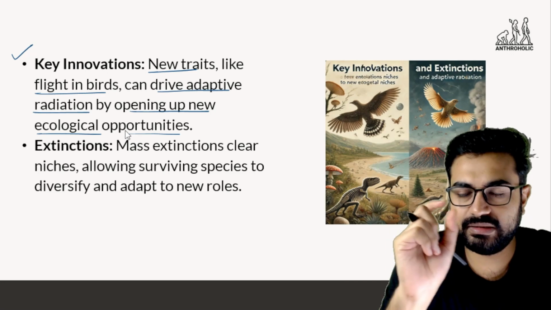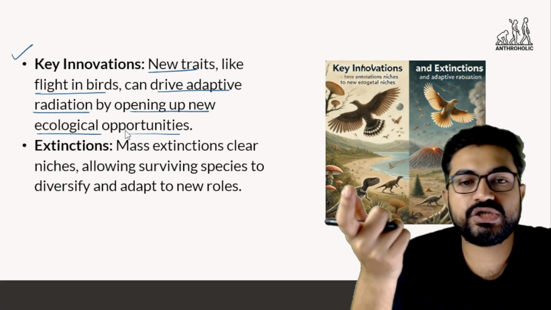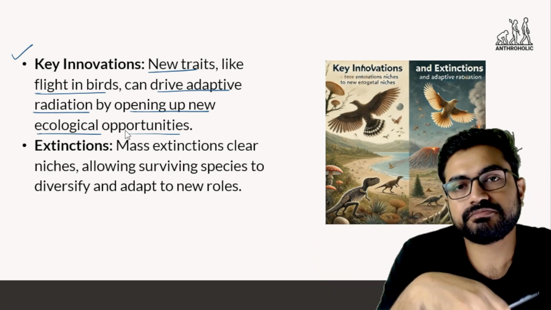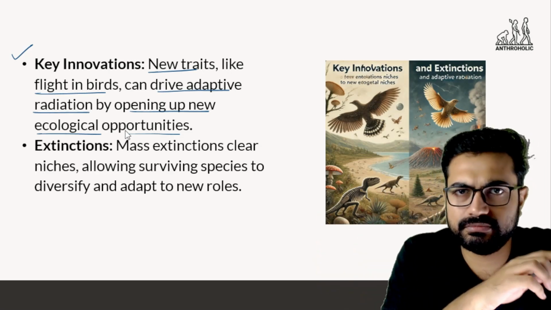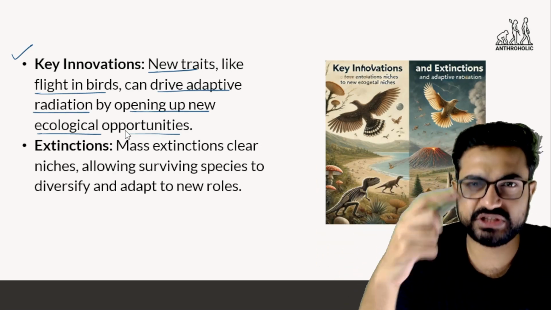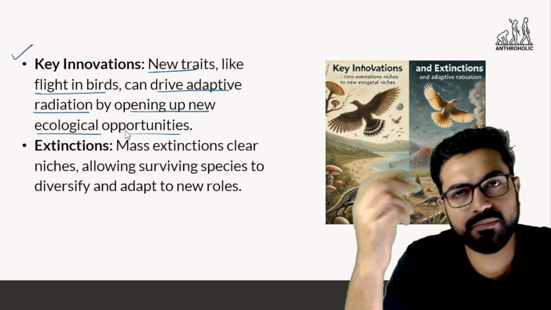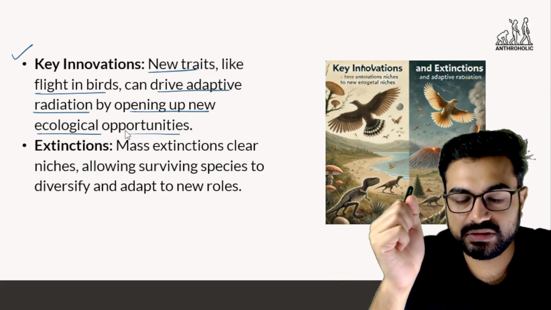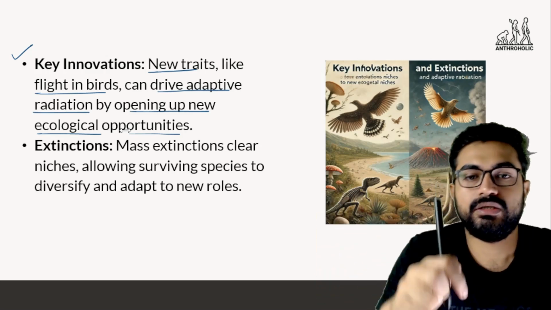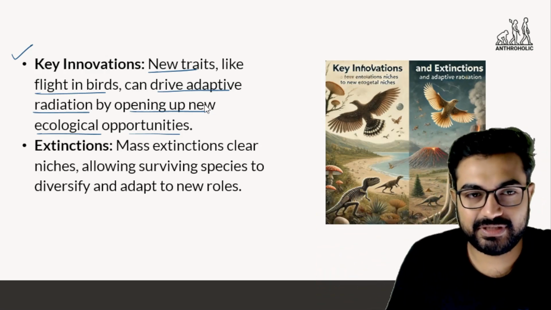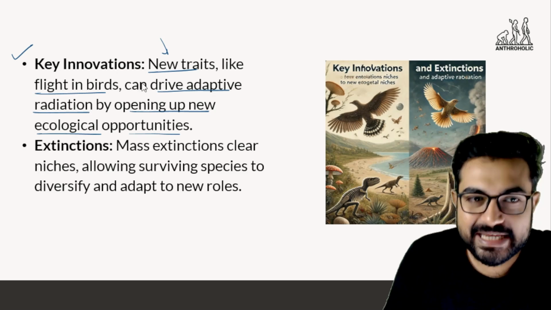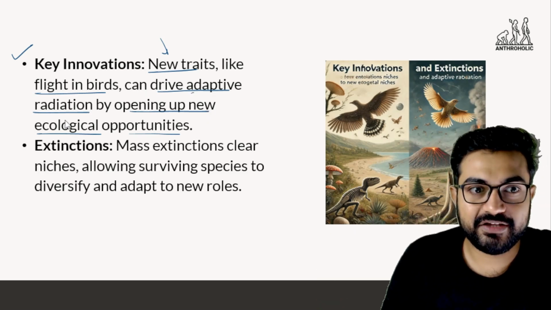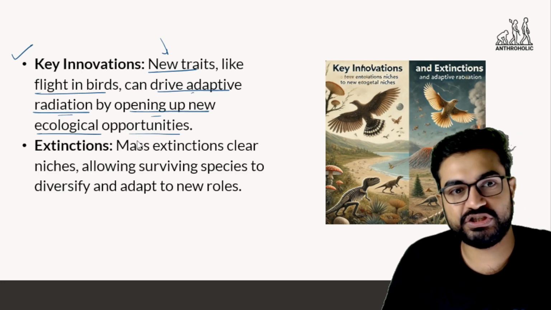There was a common link between the two, Archaeopteryx, which supports the theory that birds evolved from late stage dinosaurs, which developed flight, and later on birds took over, and they had feathers, they had lighter bodies, they had pneumatic bones, hollow bones, which helped them in flight. So yes, new traits, like in the evolution of birds, flight was something that got introduced in the due course of evolution, and it could drive adaptive radiation by opening up new ecological opportunities.